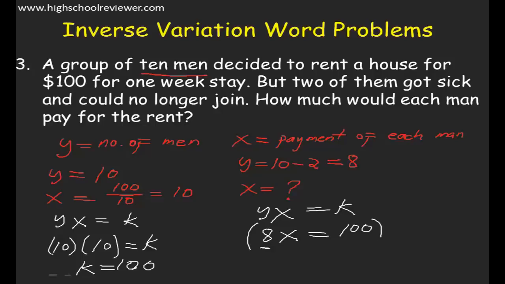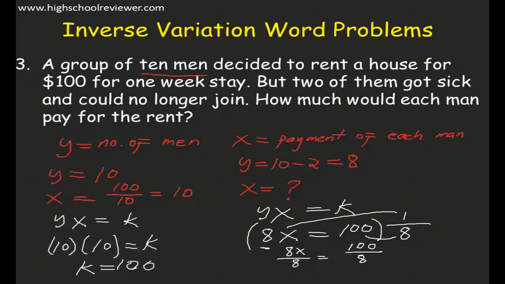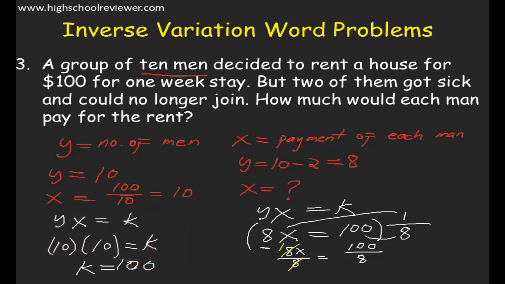Now, to find x, again, we need to cancel out 8. So to cancel out 8, divide both sides of the equation by 8. So this will be 8x times 1 over 8, that will be 8x all over 8, and this will be 100 times 1 over 8, that is 100 divided by 8. So 8 divided by 8 is equal to 1. So 1 times x is equal to x.